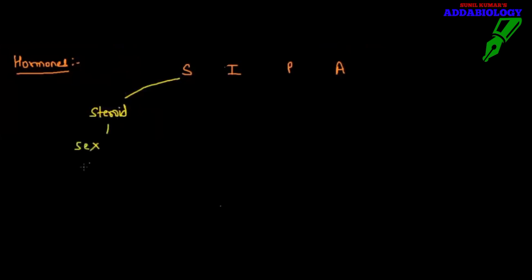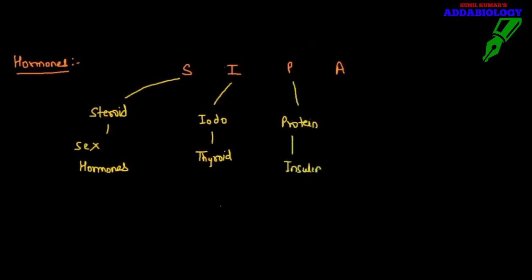Let's talk about the next one, that is the nature of the hormone. So I use the word SIPA. If you remember SIPA, so S is steroid nature, that is sex hormone. I basically stands for iodo nature hormone, that is which has iodine. So we have the thyroid gland. We have protein nature hormones, so it is insulin.